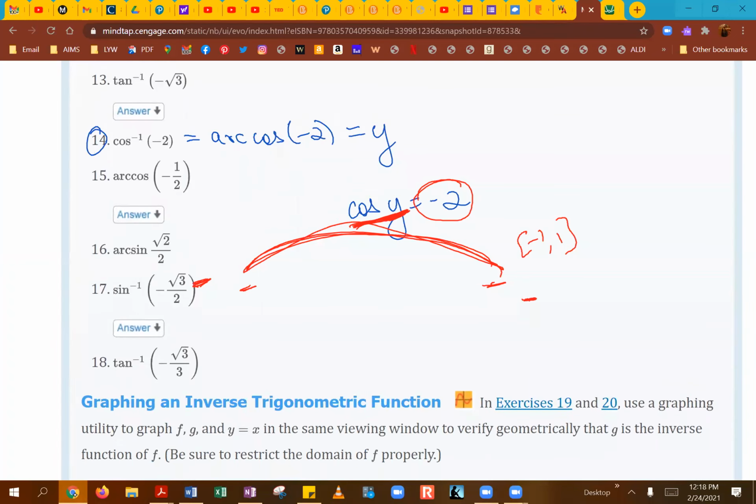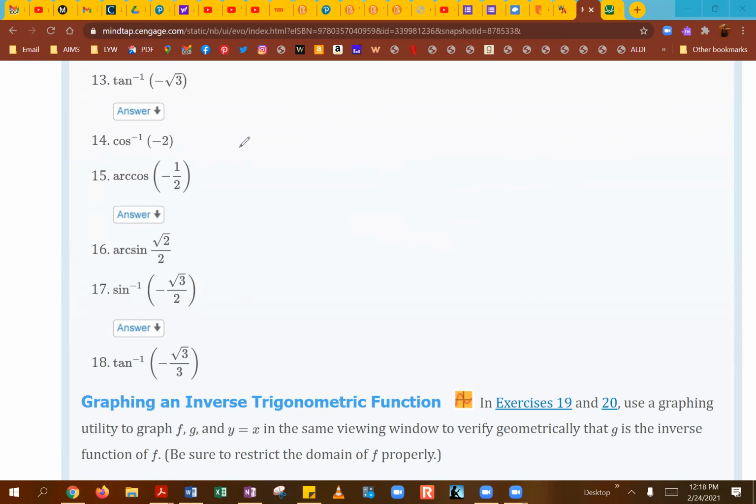Since it falls outside of the range for the cosine function, or outside of the domain of the arc sine function, you will have no answer for this. And so that's why your answer is impossible, because you cannot find a y value which will satisfy an arc cosine of -2.